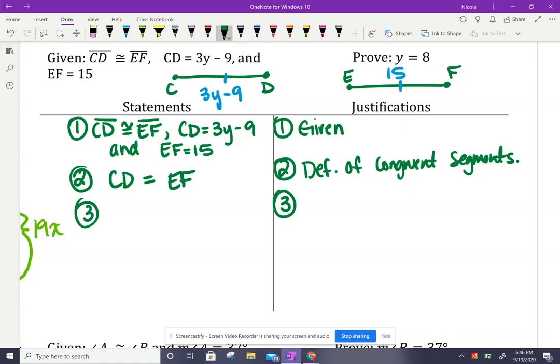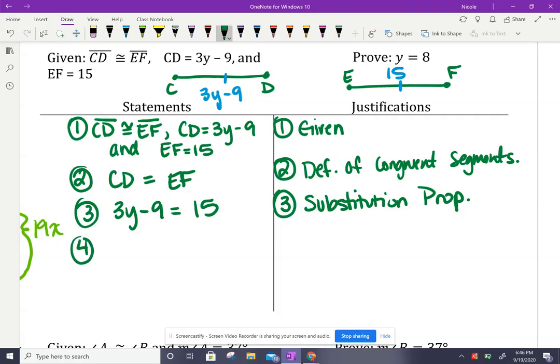So 3y minus 9 is going in the place of CD, and EF is getting replaced with 15. Okay. So now that we've replaced those things, we have 3y minus 9 equals 15.